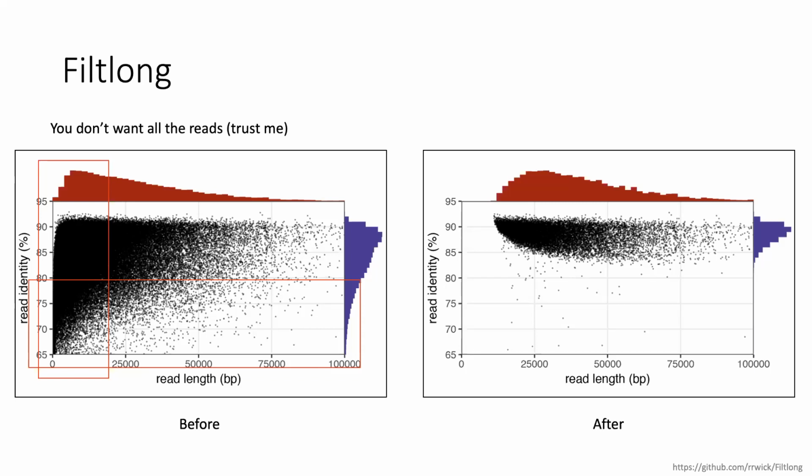The red and blue graphs on the top and side of the graph show the density of the dots. So we do see a shift in the density of the dots into the reads after Filtlong. They are longer and they are higher quality, which means we get a better genome.